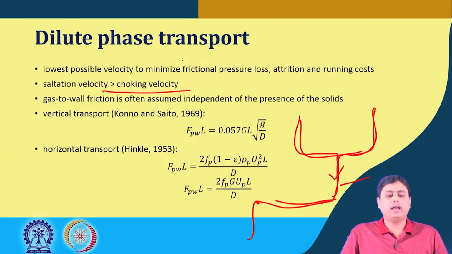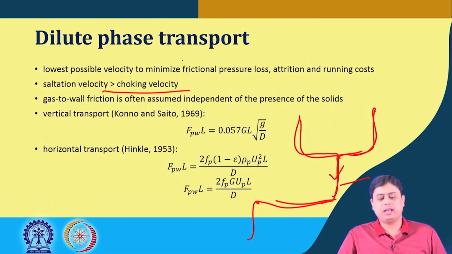In dilute phase transport, this is assumed to be independent. And then again, there are several correlations available to find out those friction forces, the particle wall as well as the gas wall frictions.